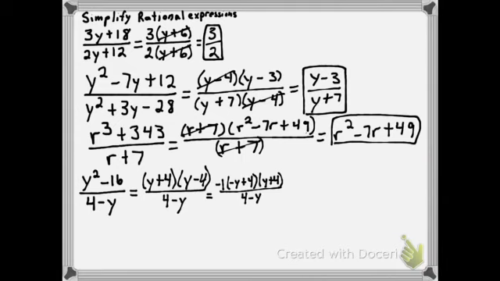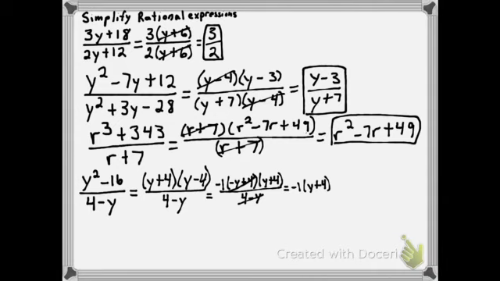And now that they're the same, they can cancel out. They're both factors. They can be canceled out because that 4 minus y divided by 4 minus y is 1, and so it does cancel. And so what's left then on the top is this negative 1 and the y plus 4.